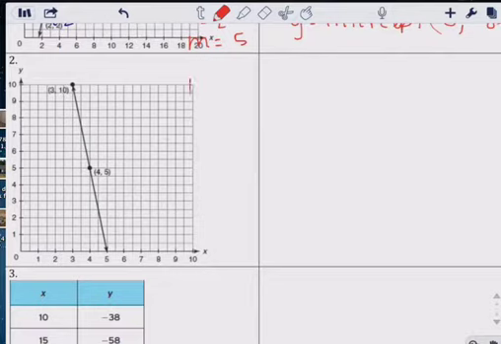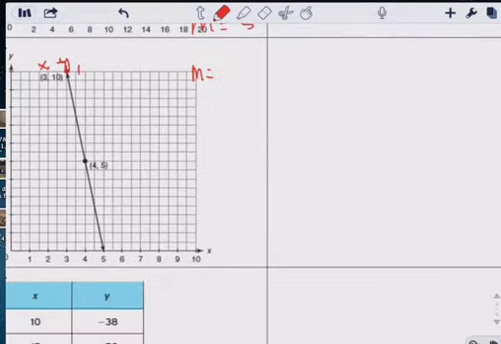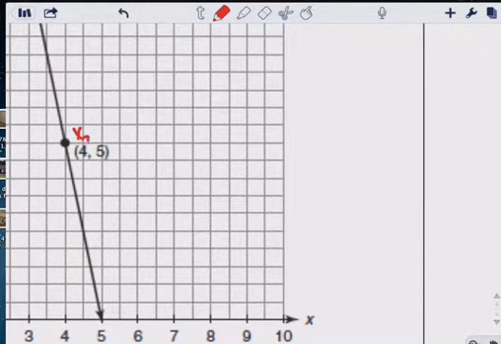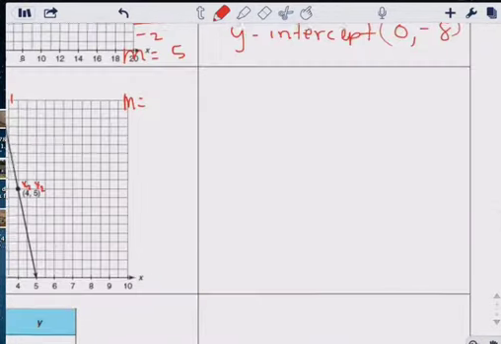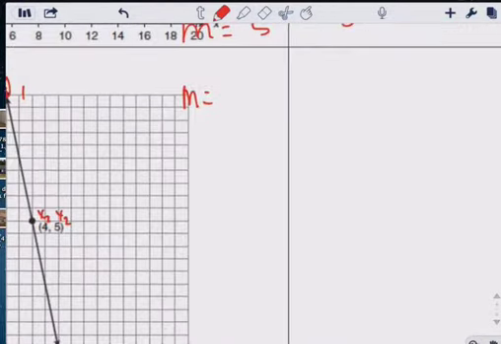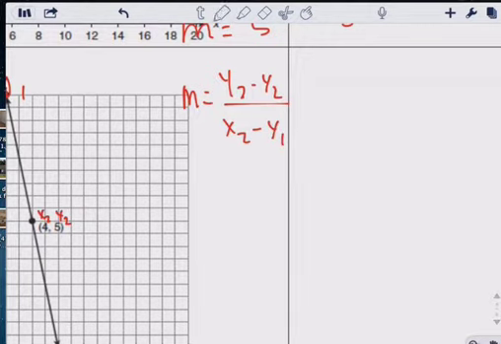Find slope again, m equals x1, y1, that's your first point. Second point is x2, y2. Okay, so write the formula down so you don't forget. Oops, sorry, right here should be a 1.